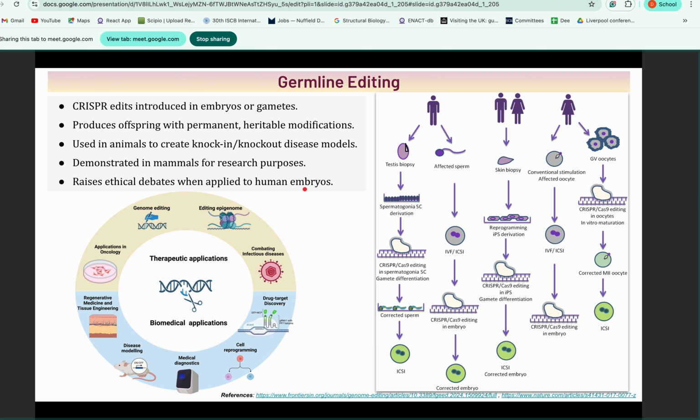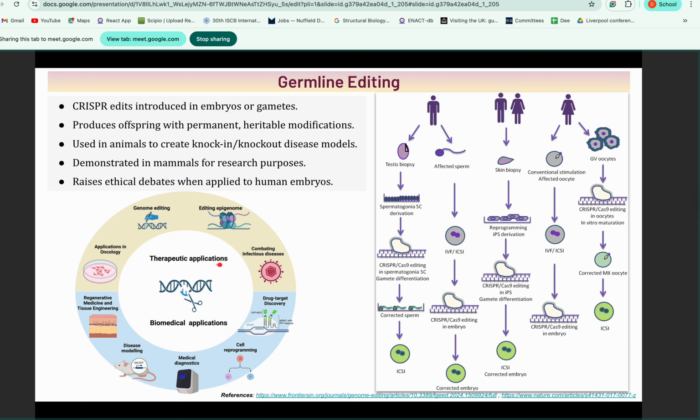Many people, if they know that we can do the editing of the genes, are editing them in such a way that the person can look better or have better thinking capabilities. So there are many genes which are related to growth hormones or intelligence or many other factors for beauty. So if we keep on editing them, then we will disturb the naturally present genes. So in that way, there are ethical debates about whether we should apply it on human embryos or not.